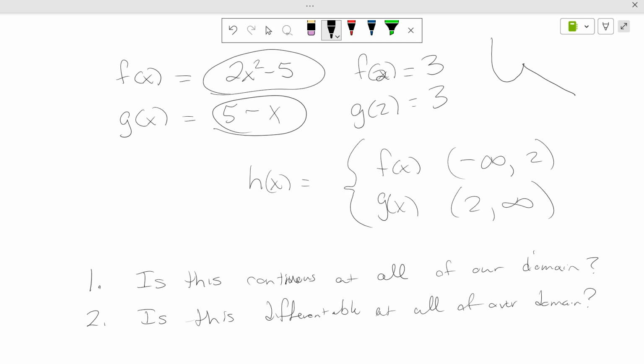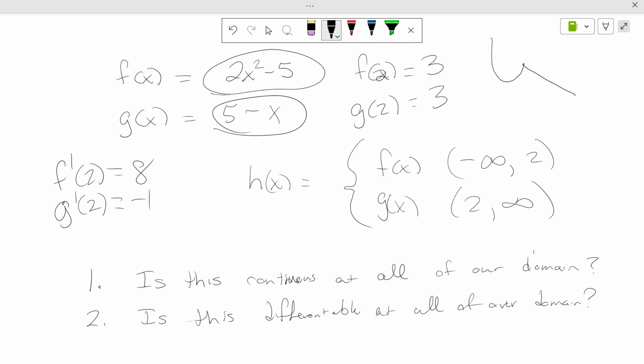Okay, what is the first derivative at 2 for f of x? What is the first derivative at 2? 8. What is the first derivative of g at 2? Negative 1. Is it differentiable at all of them?